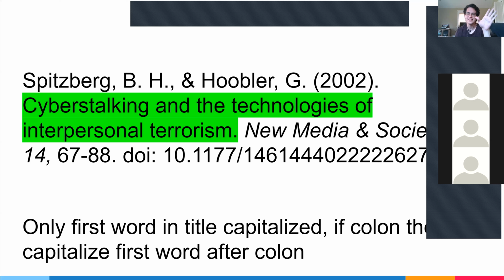You then put the title of the article, but only capitalize the first word of that title, okay? It's not like English class. You only capitalize the first word of that title. Everything else is lowercase, okay? You don't capitalize like a regular title.